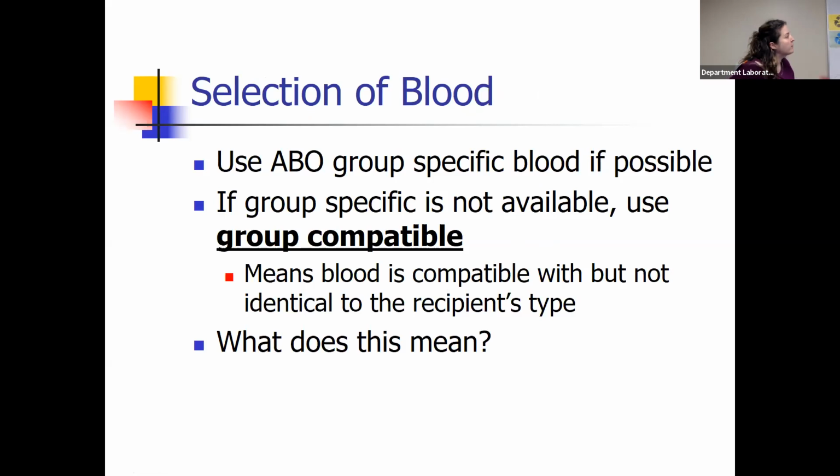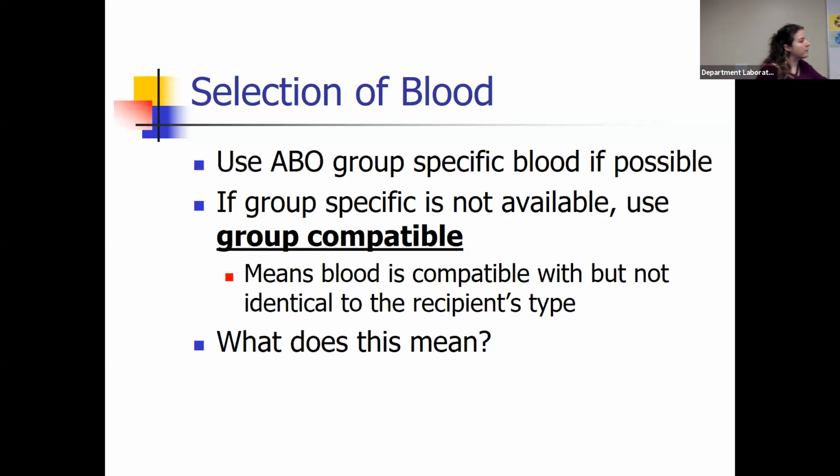Okay, so when you think about cross-matching, you think about what type of ABO am I going to give my patient? Like I mentioned earlier, we try to give ABO specific. So if your patient is A positive, we will try to give them A positive. We can give them even A negative. However, if the group specific is not available, then we will try to give that A positive person an O unit.